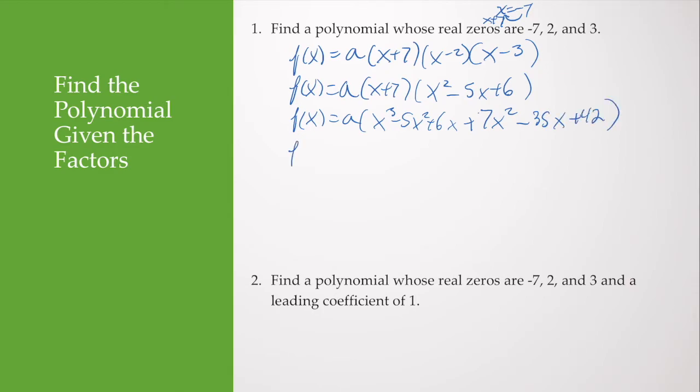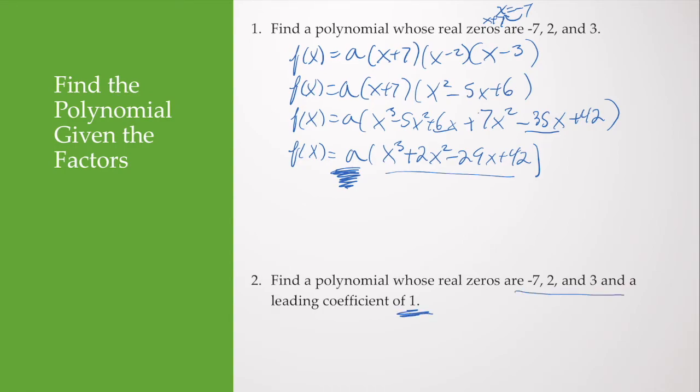So f of x equals a times x cubed plus 2x squared, and 6x and -35x give me a -29x, plus 42. And any leading coefficient, positive or negative, would have these same zeros. So if I wanted a polynomial whose real zeros were -7, 2, and 3, and had a leading coefficient of 1, it would just be f of x equals x cubed plus 2x squared minus 29x plus 42.